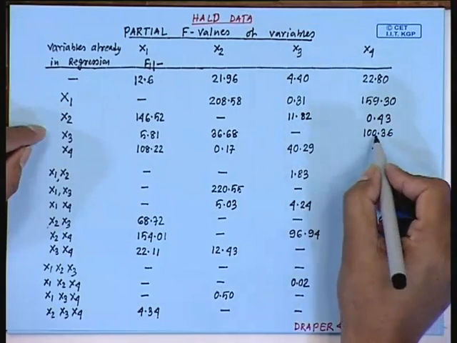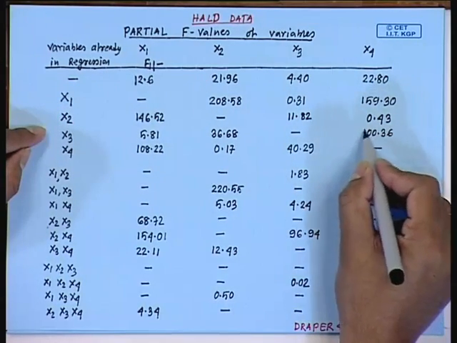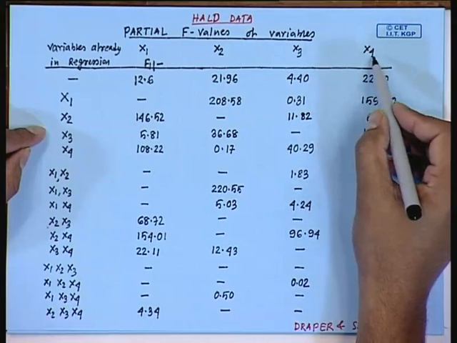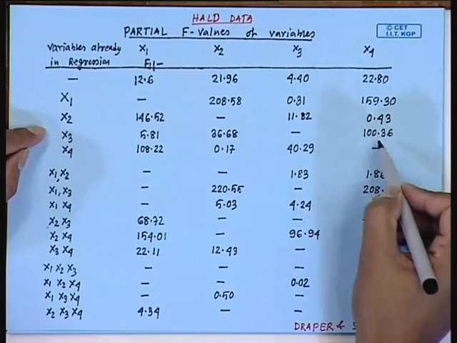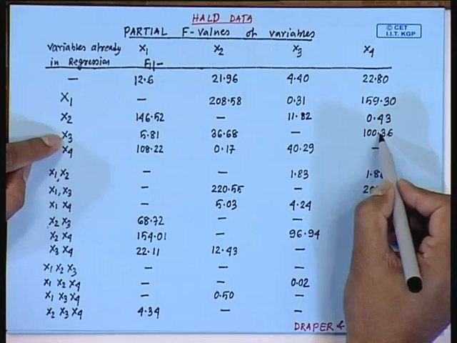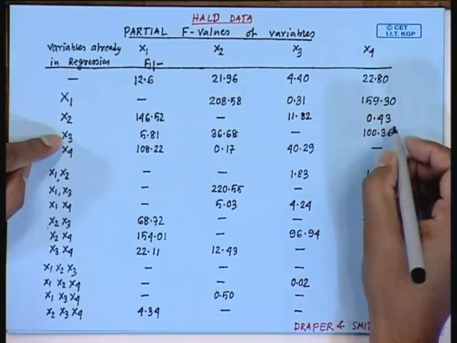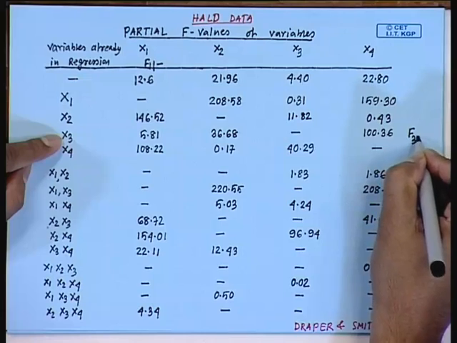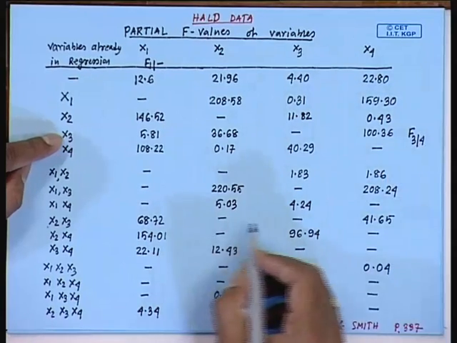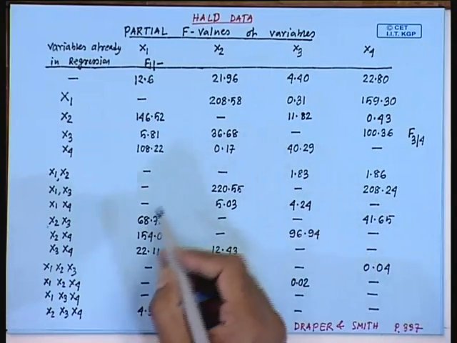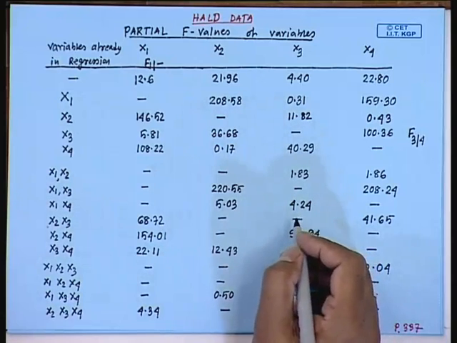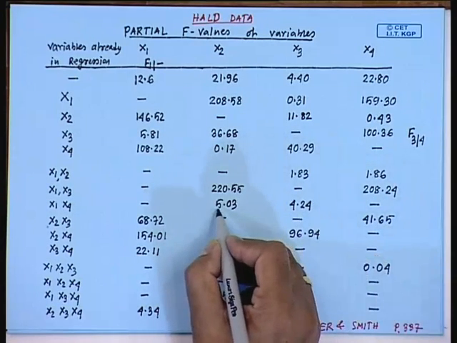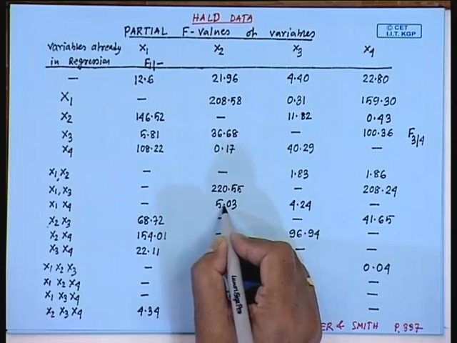Let me consider this value. This F value is the partial F statistic value associated with x4 in the presence of x3 in the model, right. So, this one is basically F3 4. So, this way I have all the partial F statistics. Maybe I will say again, see this is a known figure, 5.03.